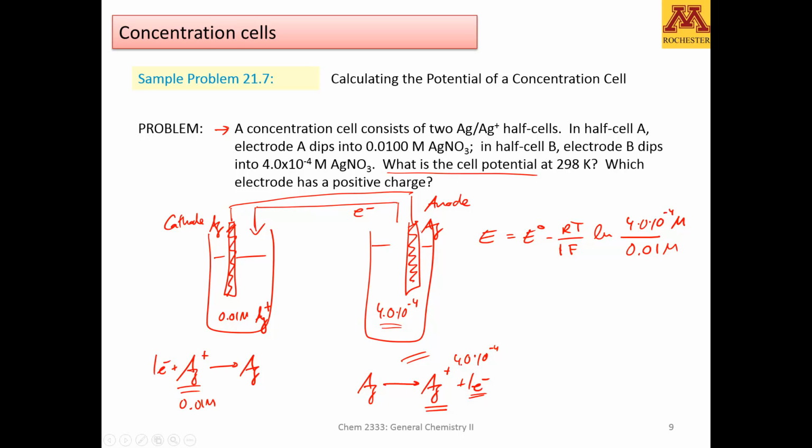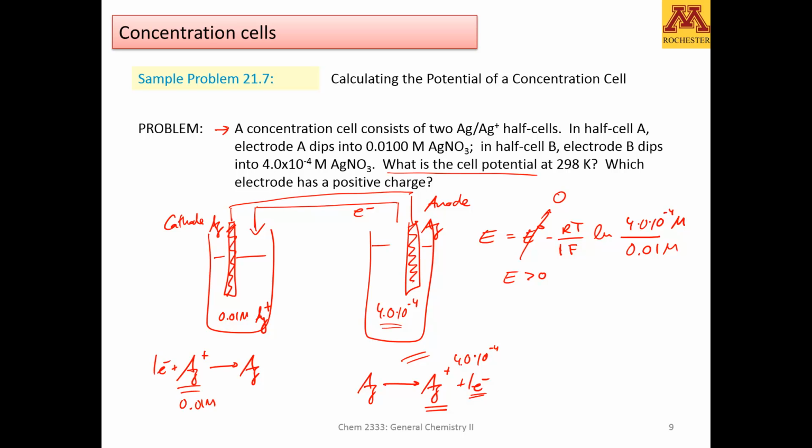The standard potential is 0. Notice that, the way we have written this, because the denominator is larger, the logarithm of a number smaller than 1 will be negative, and with the negative sign in front, this will be positive. The reaction as we have written it will move forward. Until when? Until you reach the concentrations at equilibrium. What are those? Well, when the two concentrations are equivalent.